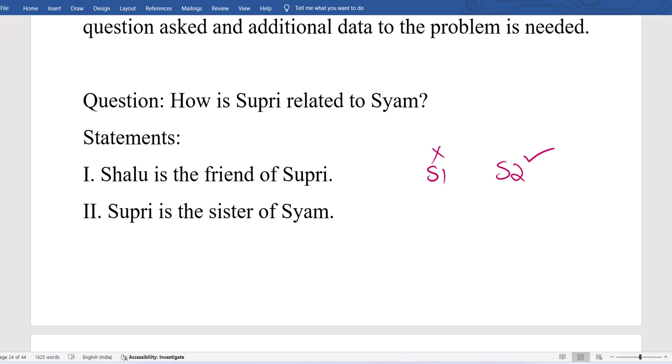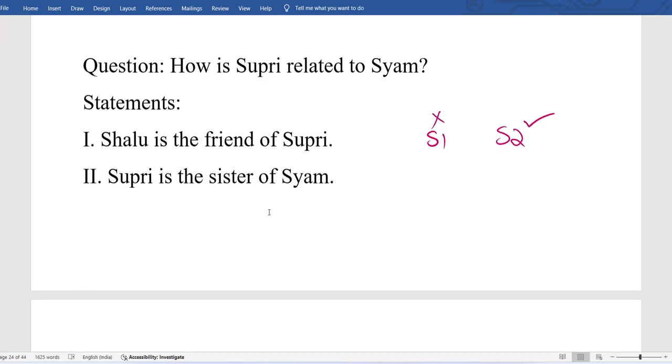See, in some questions with the name we cannot decide the gender. Lakshmi, there are boys also with the name Lakshmi and girls also have the name Lakshmi. So there are some difficult cases where with the name we should not decide the gender. But in certain companies they're using that case as well. But fine, here two alone, okay.